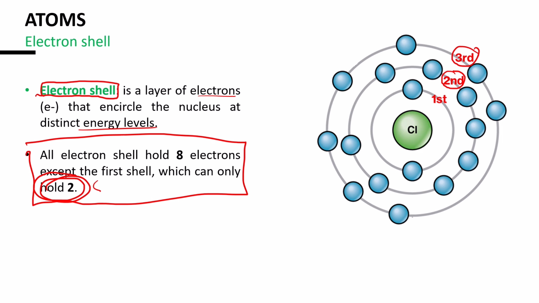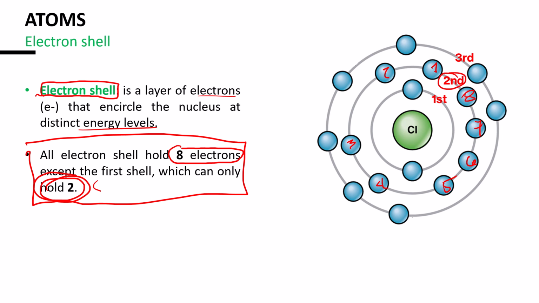This second energy level, and for the rest, basically, the amount of electrons that you can have there is 8. So when you have 8, that electron shell is full. So we can count, if you want, in this second energy level: 1, 2, 3, 4, 5, 6, 7, and 8. That means that this second electron shell is full.